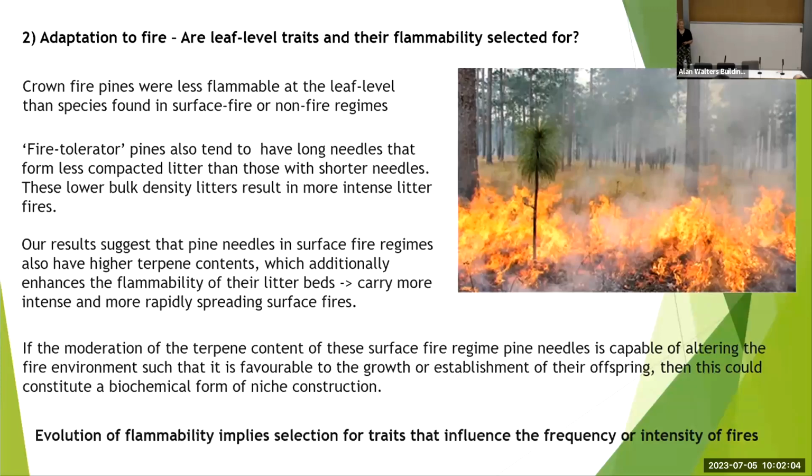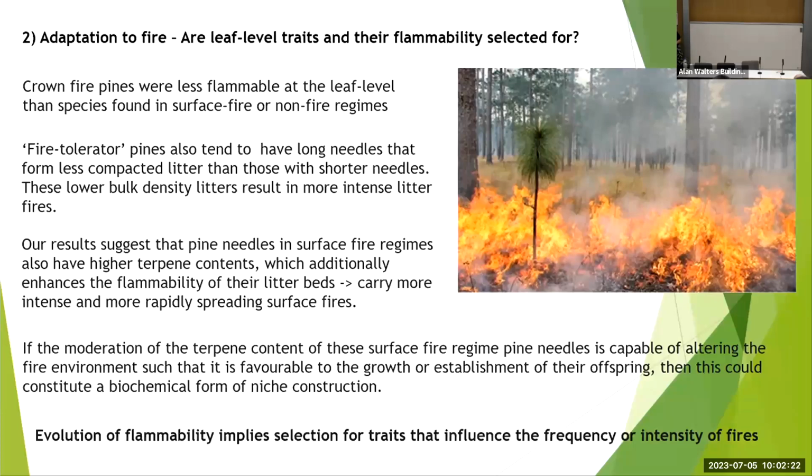And if this is favourable for growth and establishment of their offspring, which it's believed to be, then this would constitute a biochemical form of niche construction. So we can see that the evolution of flammability implies selection for traits that influence the frequency and the intensity of fire.